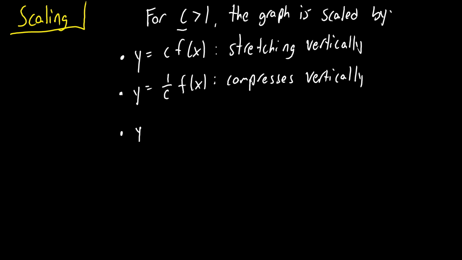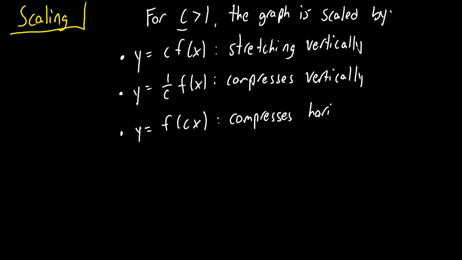Now we're going to have y equals f of c times x. And this might throw you off. This actually compresses horizontally. So even though c is a positive number, it still compresses.